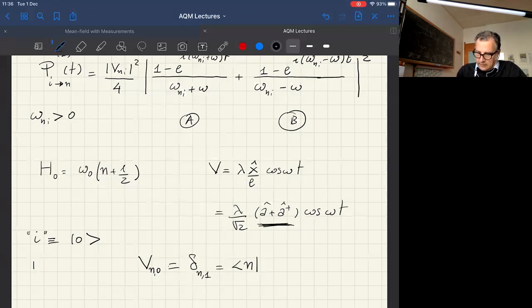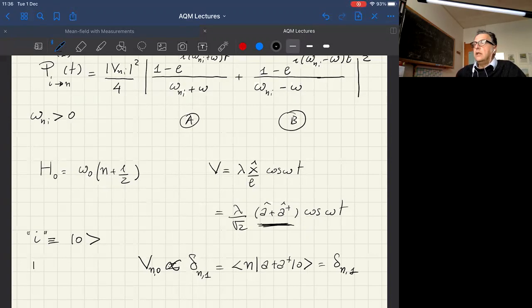Okay, let's put it proportional: n ⟨a + a†⟩ 0 is equal to delta n1.